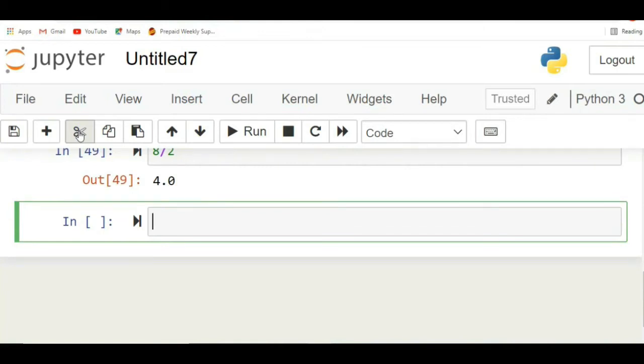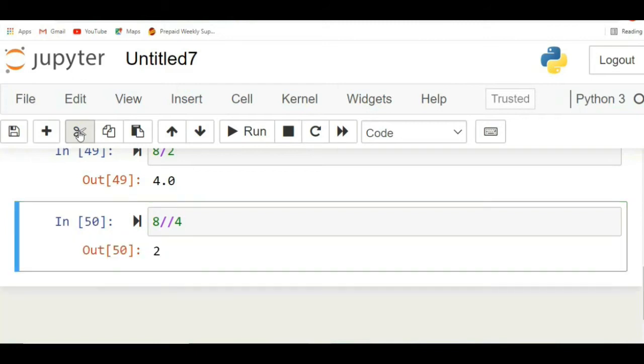And the next is 8 double slash 4, which means that our quotient is 2. Okay, quotient and remainder. So we are talking about quotient.